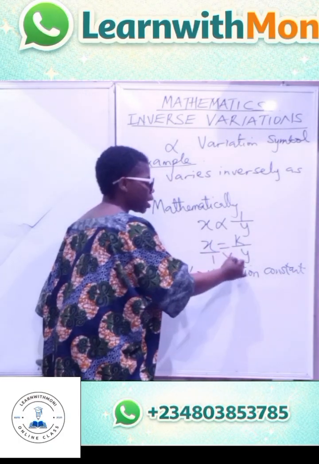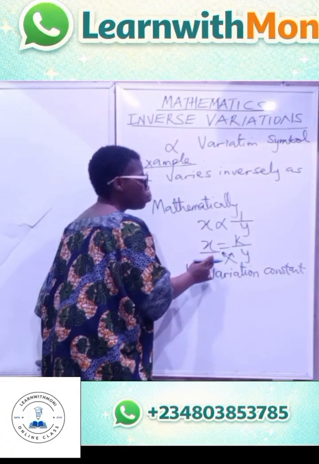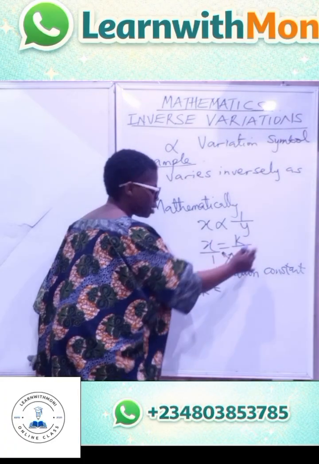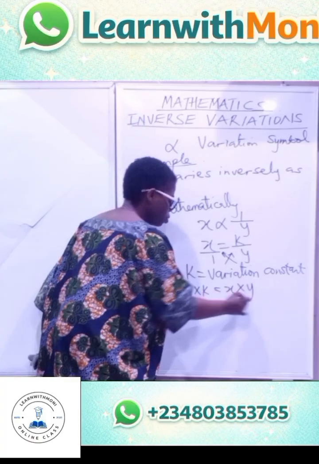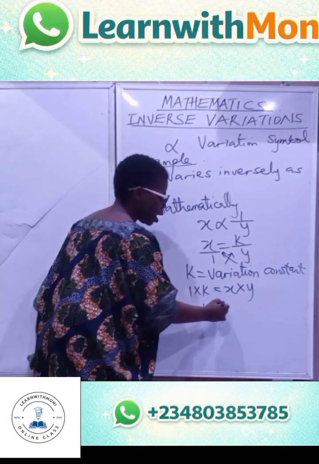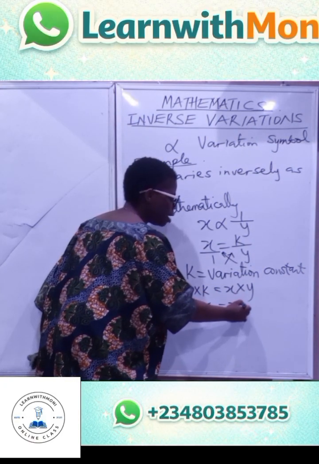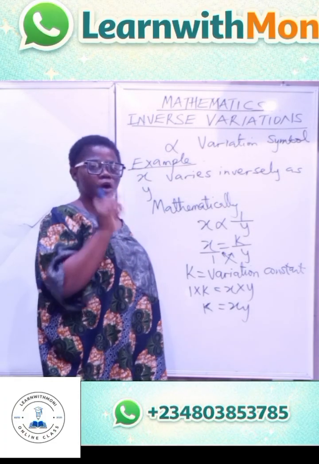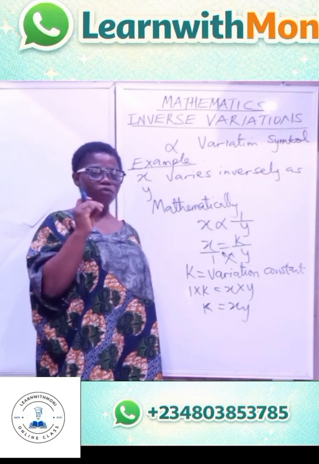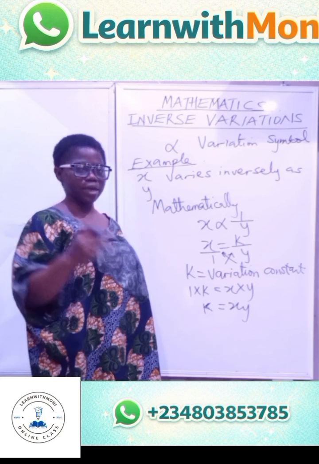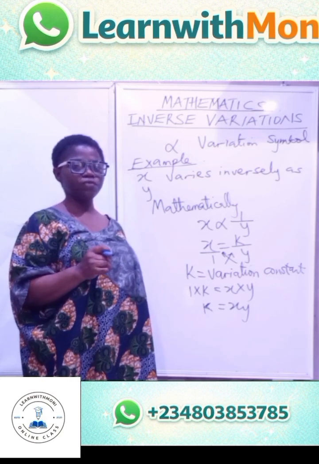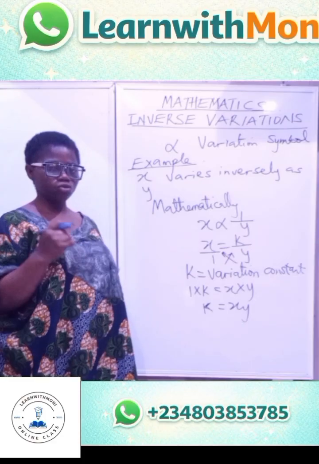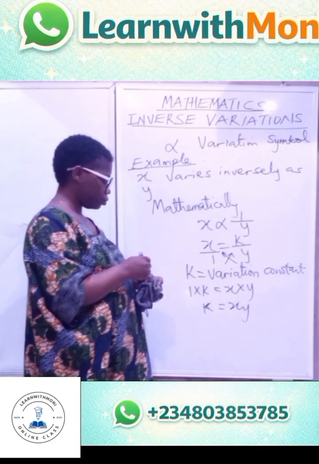When you cross multiply, you have 1 times k equals x times y. 1 times k is k and x times y is xy. With that, you can get the value of k. Once you are able to get the value of your variation constant, then you can get the equation of the relationship. Let's look at more numerical examples.